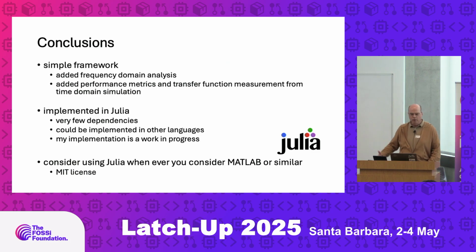There's a simple framework. I've added the frequency domain analysis. I've added the performance metrics. It's all implemented in Julia. There are very few dependencies. You could implement it in other languages, but I would argue that you should consider using Julia whenever you consider using MATLAB. Julia is good for technical signal computing. And that's me. Thank you.